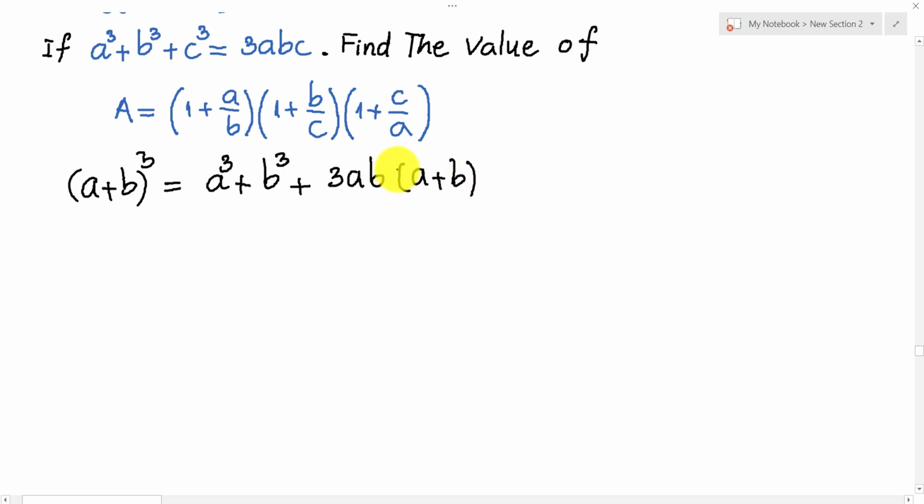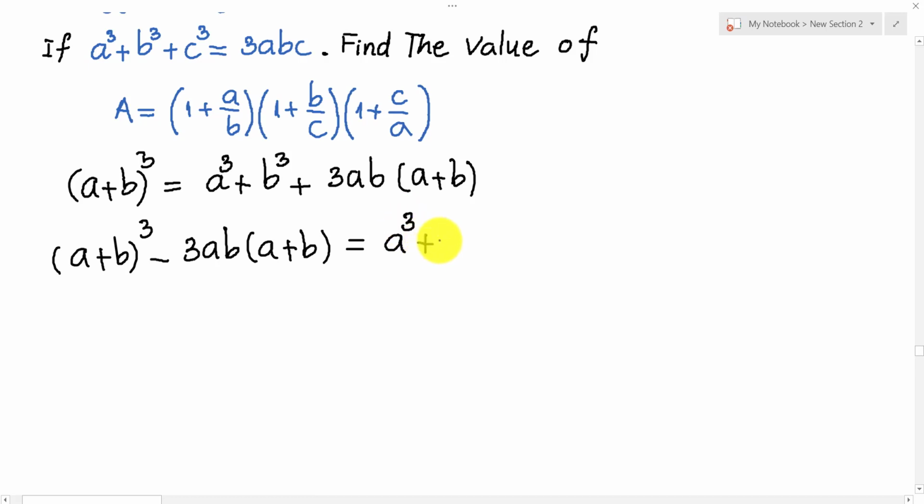And then I change this from the right hand side to the left hand side. So I get (a plus b) all power 3 minus 3ab multiplied by (a plus b) equals a power 3 plus b power 3.